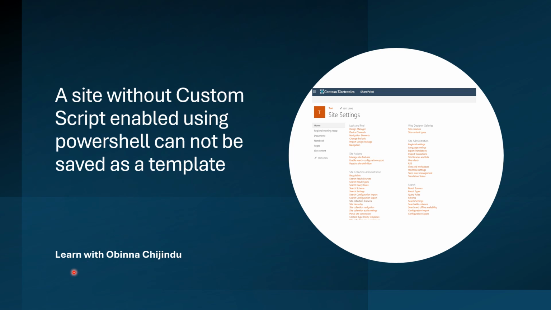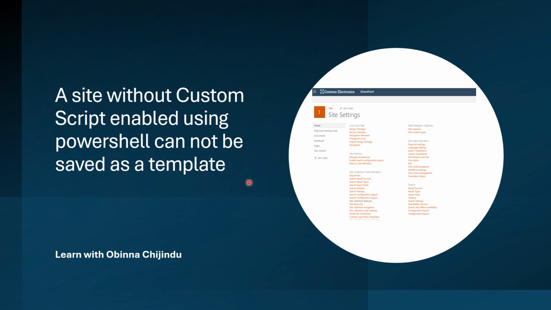I showed you in the previous slide how to navigate to custom script to enable it for the entire organization. So that step is what would allow you to enable it for your entire organization.